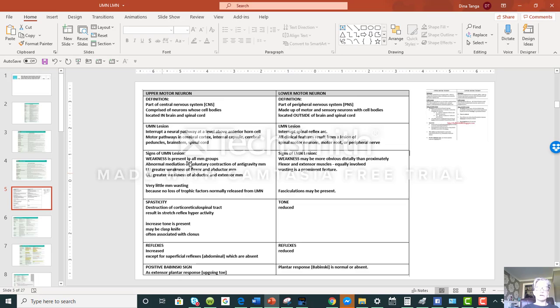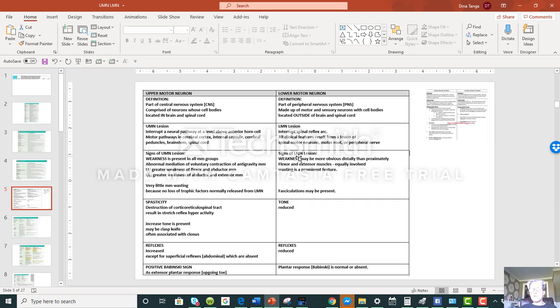So the lower limb is the flexors, like hip flexors, knee flexors, and the upper limb is going to be the extensors: triceps, shoulder extension, wrist extension. Very little muscle wasting because there's no loss of trophic factors normally released from the lower motor neurons.